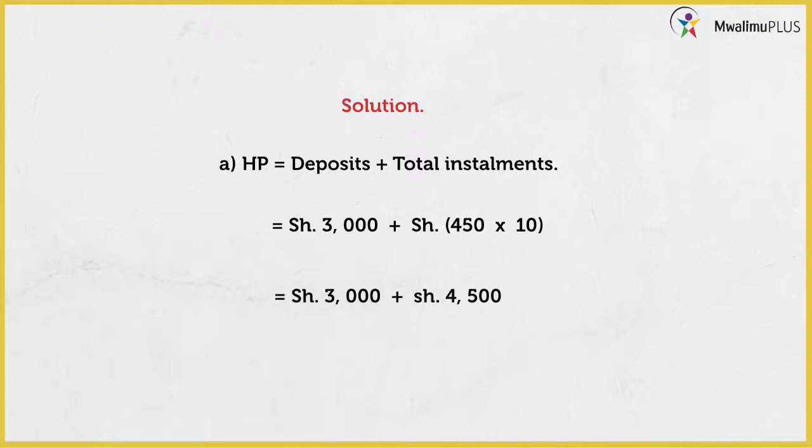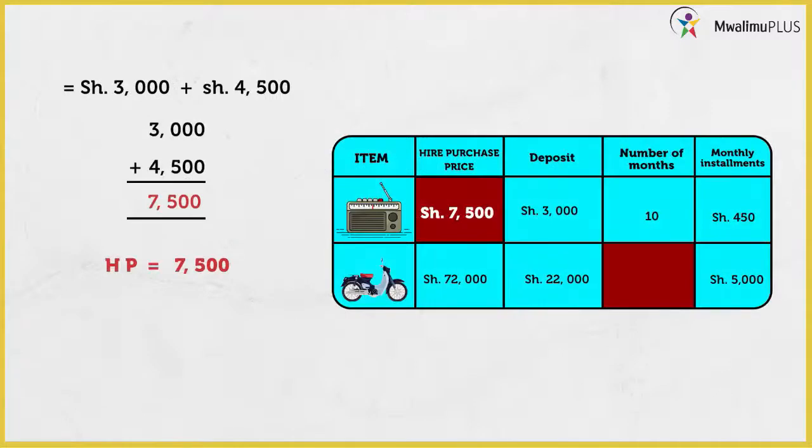What do you get when you add 3,000 plus 4,500? I'm waiting for your answer. This is just simple mental addition. Did you get your answer as 7,500 shillings?